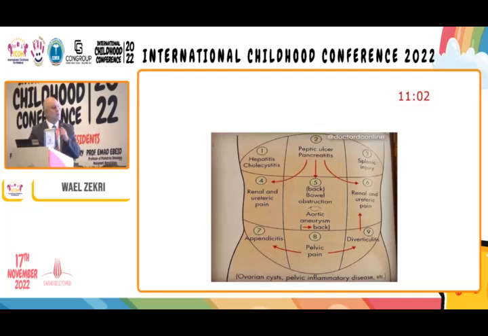But still, we want to know these central lesions. Here we can find something related to the stomach or the pancreas. Here we can find something related to the spleen. The right hypochondrium is related to the liver and the gallbladder, and so on.